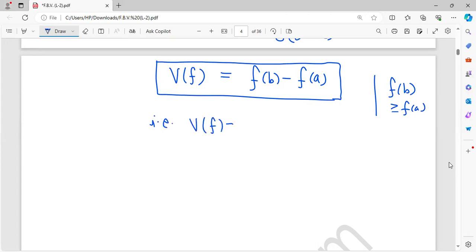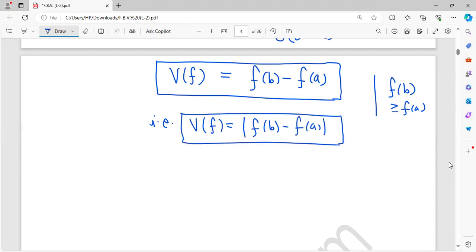If I put the modulus, it will not affect anything, because in the theorem it is given. Now, we have proved this theorem for a monotonically increasing function.